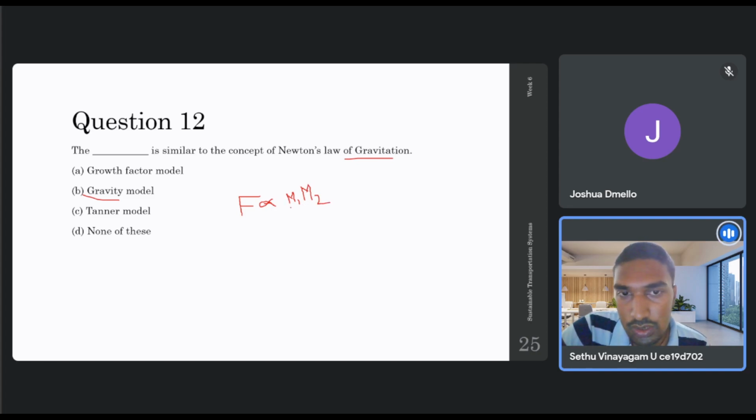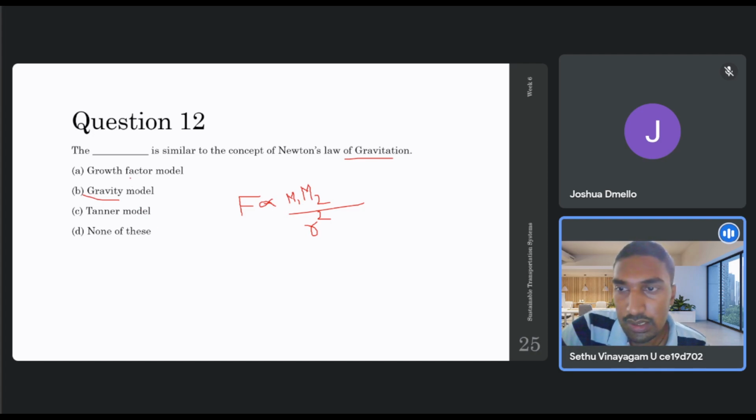It's directly proportional to the product of the two masses, and it is inversely proportional to the square of the distance. If r is the distance between the centers of the two masses, then it is inversely proportional to the square of the distance between the two, right? So that's Newton's law of gravitation.